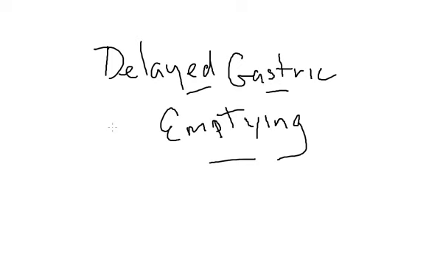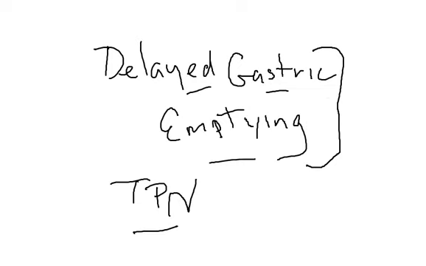Almost everybody has some degree of delayed gastric emptying. The majority, however, can continue to eat without any difficulty. About 20% of patients will develop significant delayed gastric emptying, and 5 to 10% will develop such a severe case that they actually require going home on total parenteral nutrition, or nutrition by vein, until the stomach recovers.